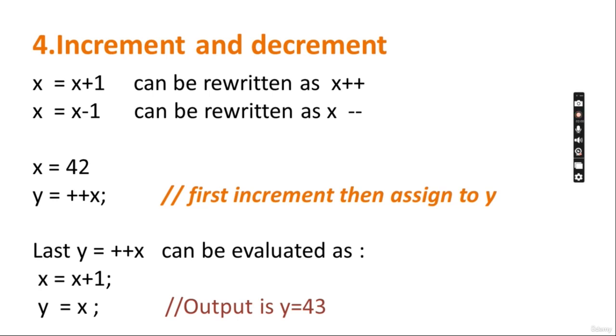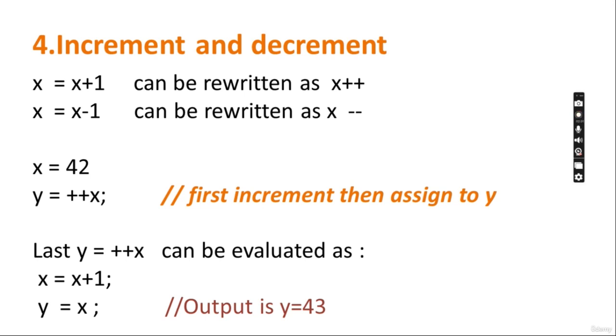Increment and decrement operation. x equal to x plus 1, we can rewrite it as x plus plus, and x equal to x minus 1, we can rewrite it as x minus minus. But the sequence in which we write the increment and decrement plays a very important role in Java.